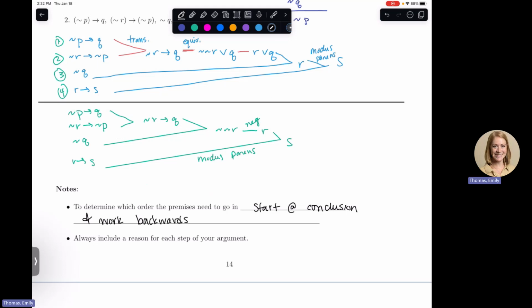And including reasons for your steps. Obviously, I didn't do that on that thing up there. Sorry. This is transitive property. This is modus tollens.